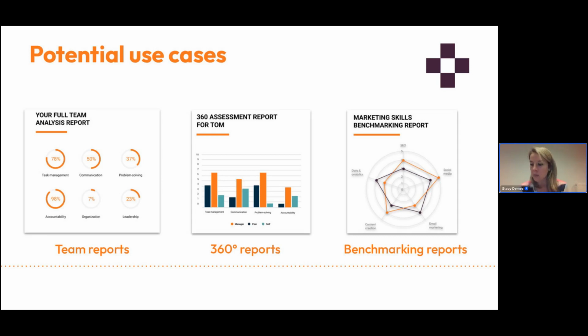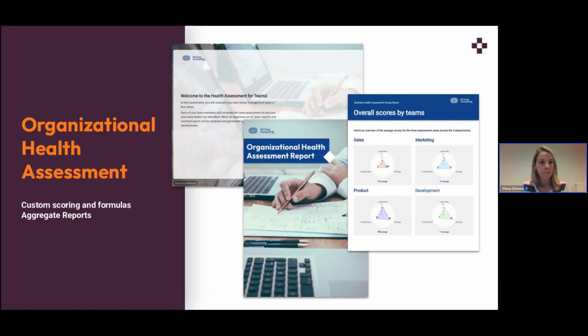This has really been an interesting report that many Pointerpro customers use to benchmark their clients against others within their industry. But this can also be used to benchmark a team versus the general population or the entire set of employees within an organization.